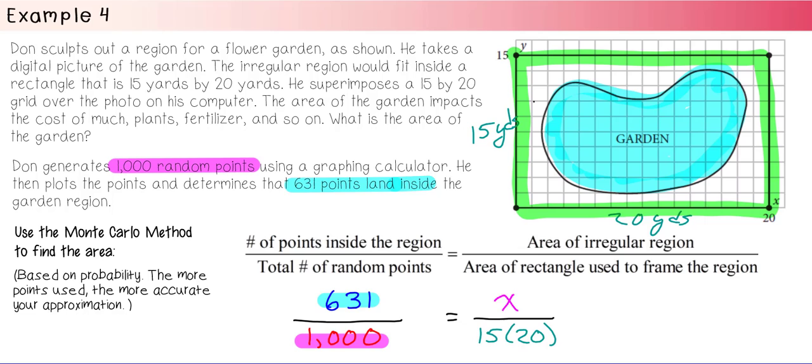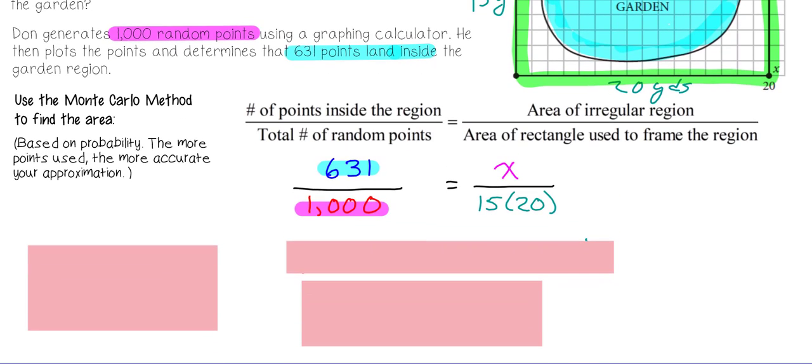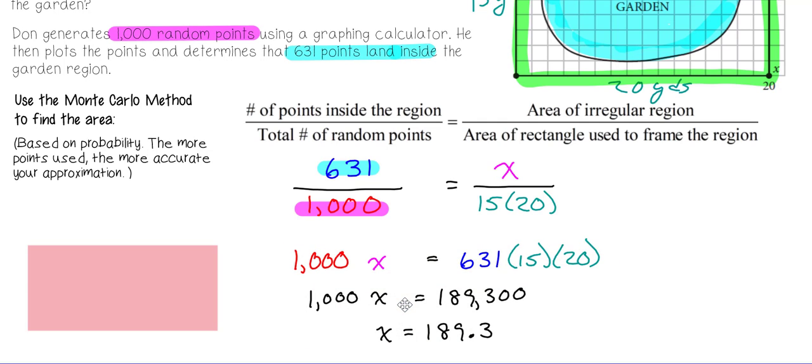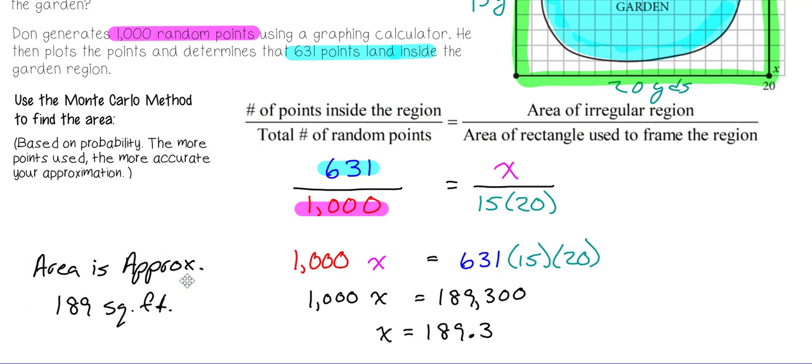From there, we would just use our cross multiplication skill. So that would be 1,000 times x equals 631 times 15 times 20. Solve for x and we get 189.3. So using an approximate amount, we would say the area of our garden is approximately 189 square feet.